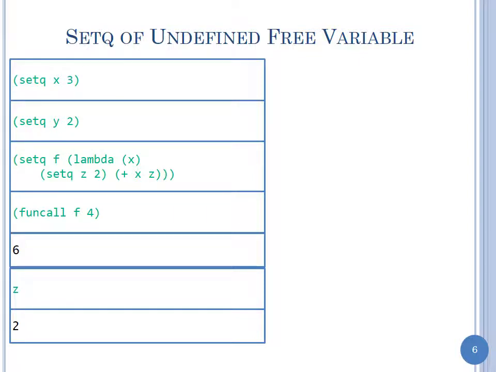If it doesn't exist in this environment, keep going up, until it either is defined somewhere else, or you get to the top. Okay? And again, let is the one that you use for the local scope. And since they have a let, I would probably ban this kind of setq. But there are all these issues.